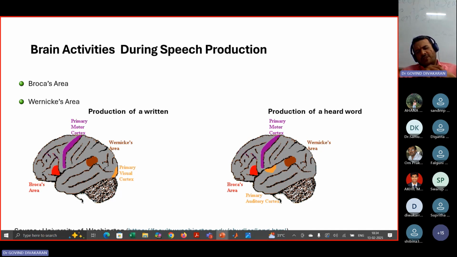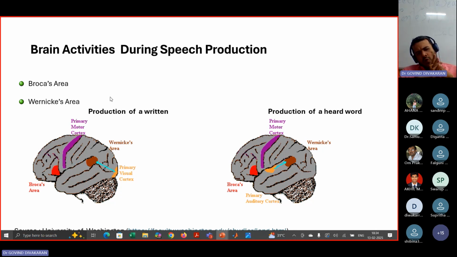There are two basic components here: two areas in your cerebral cortex. One is Broca's area, and one is Wernicke's area.